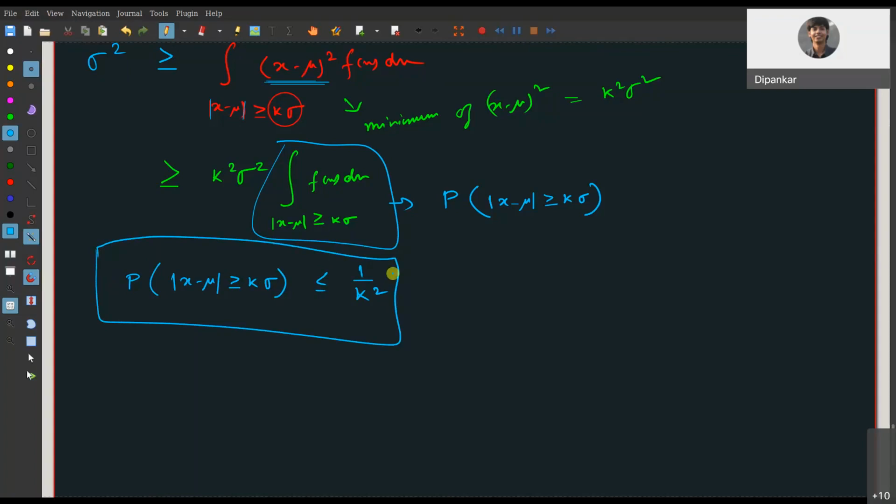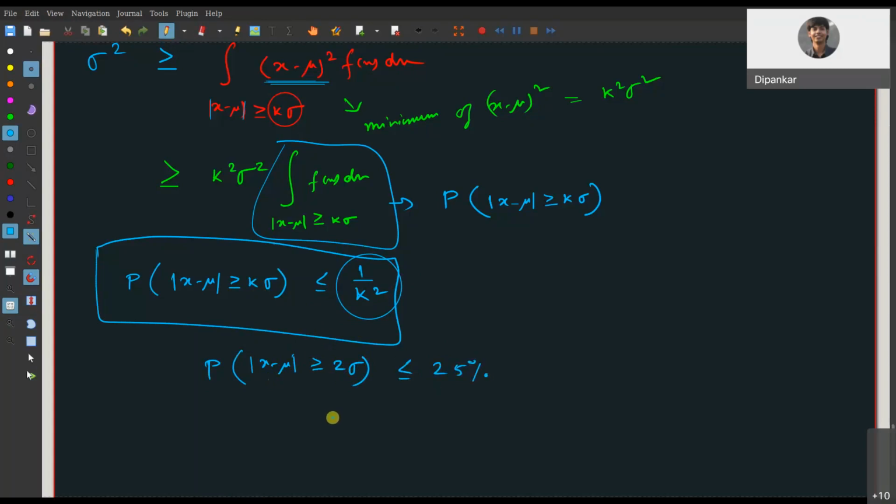It must be less than or equal to 1 over k². So for the 2 sigma limit, P(|x − μ| ≥ 2σ), that is x is 2 sigma away from μ, is less than or equal to 1 by 4, that is 25%.